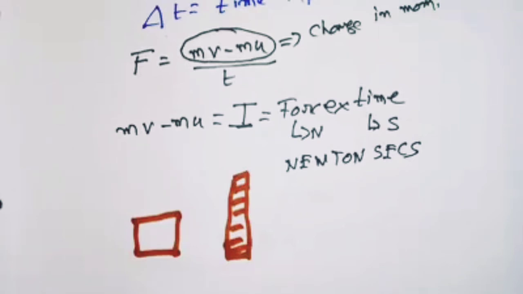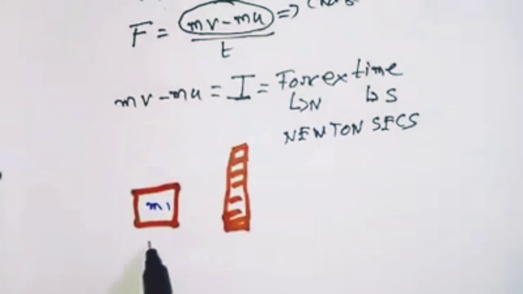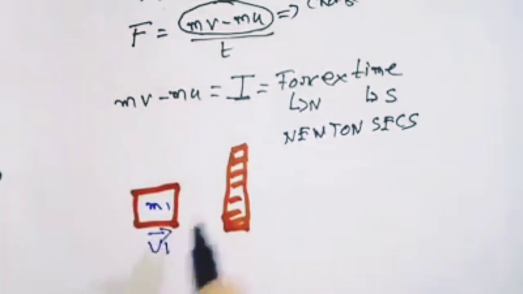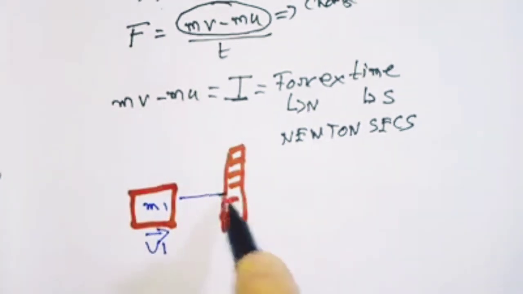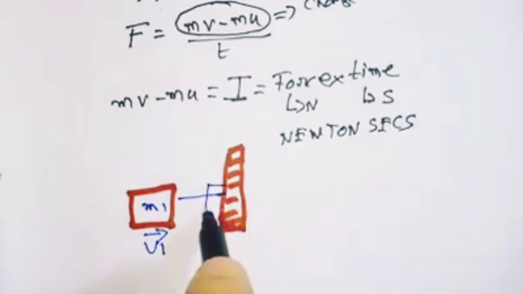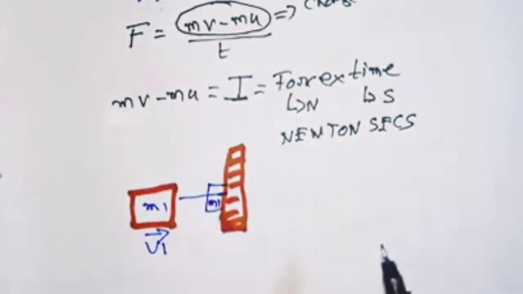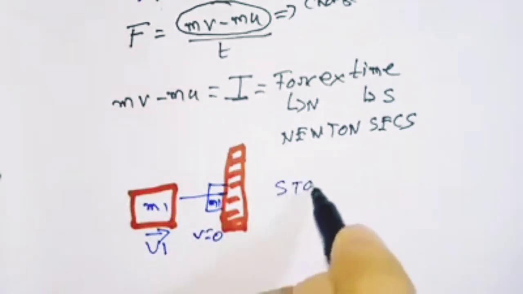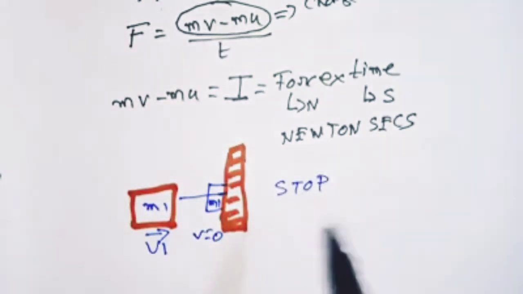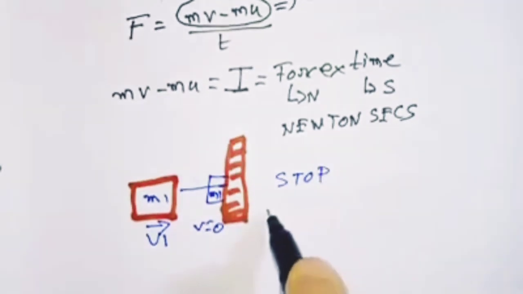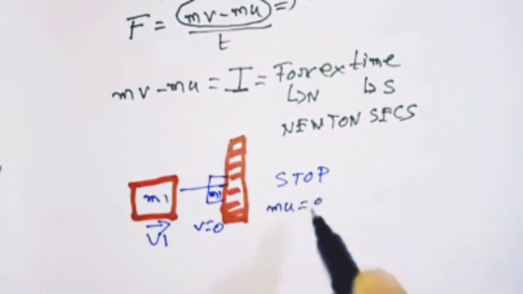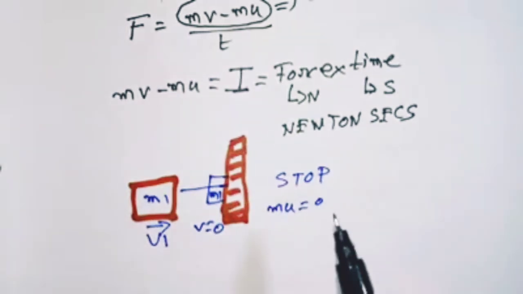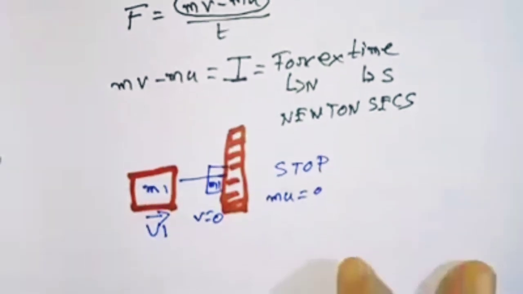If this m1 body is moving at a velocity of v1 and strikes the wall, m1 remains m1, but the velocity becomes 0, because it has come to a stop. And mu also equals 0. We start with v, and when we end, it is 0.